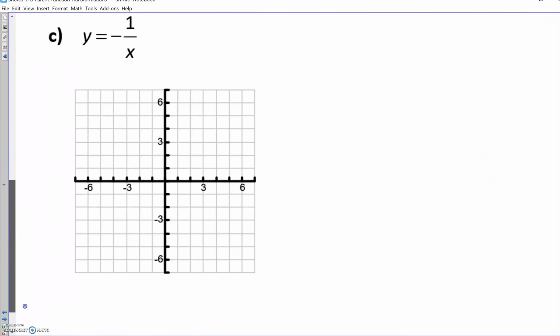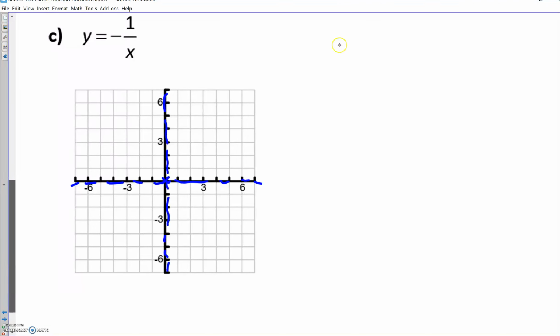And then what happens if I have a -1/x? It is going to flip the function. So it's not moving left or right; this is staying. So here are my asymptotes.